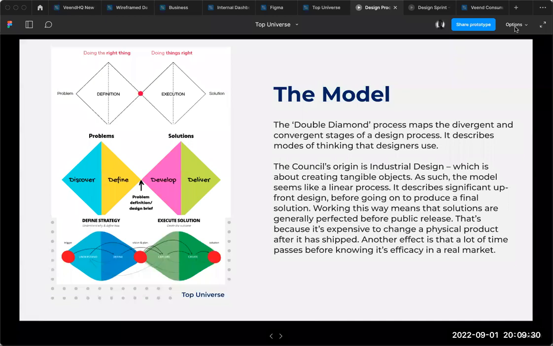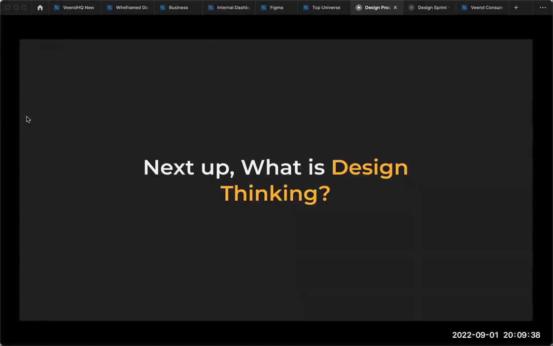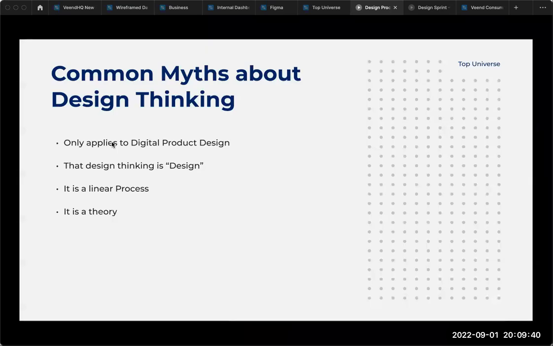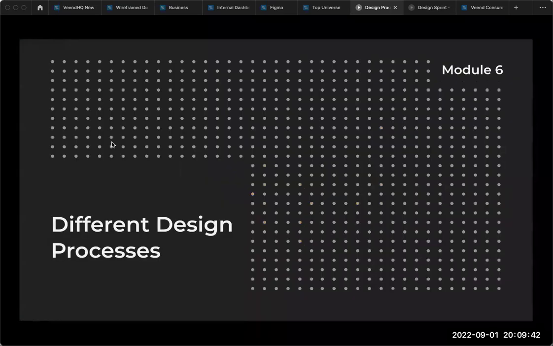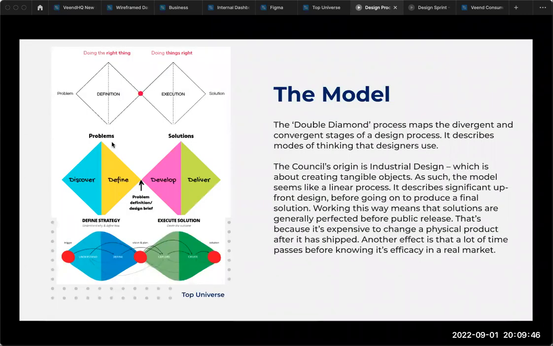Now, this model maps out the divergent and convergent stages of a design process. If you look at the diagram on my left-hand side, you have this double diamond.